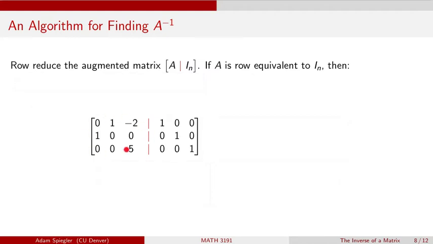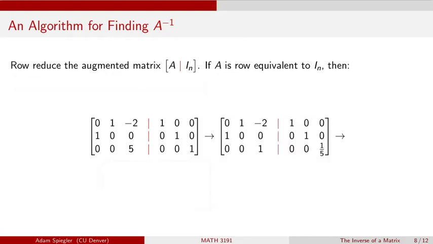So here, for example, if I want to write this in reduced row echelon form, one operation that I can do is scale the last row by a factor of 1/5 so that this pivot down here becomes 1. And I will just mention that this row reduction process, it's not a unique path, right? We can apply different operations in different orders to wind up at reduced row echelon form.